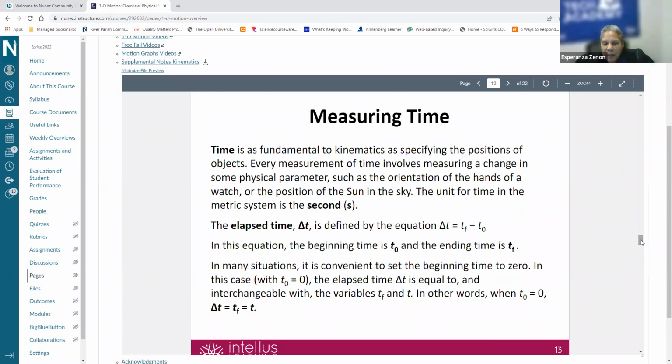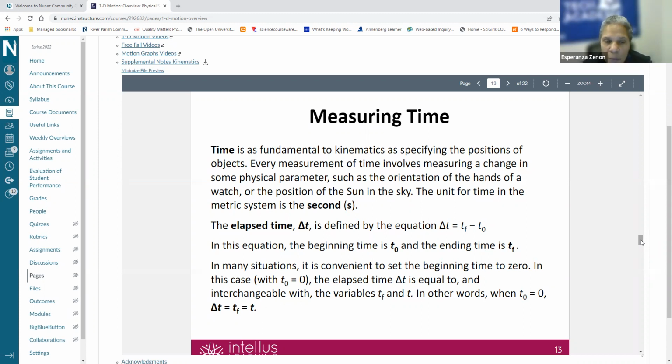Measuring time. So see what we're doing now, as I said, is establishing the rules, the definitions, the background or the foundation that we utilize to specify or describe a moving object. And one of those important parameters is time, because it's the one thing that we know is changing, is not standing still, right?